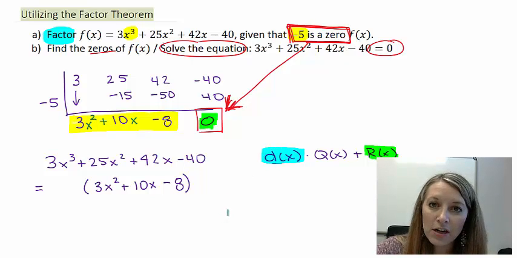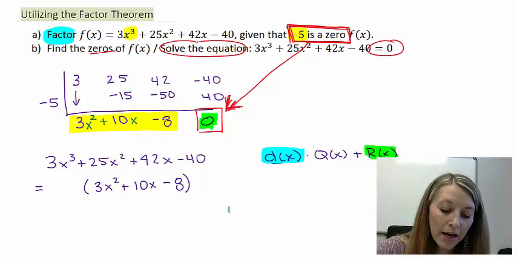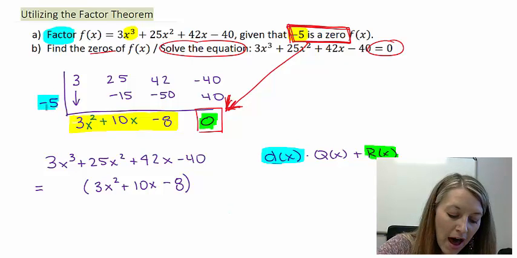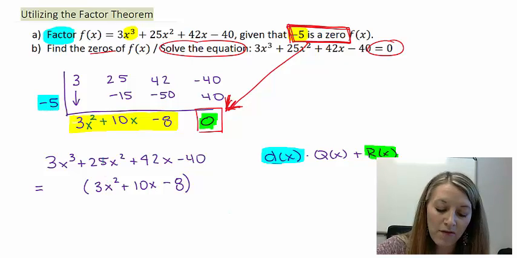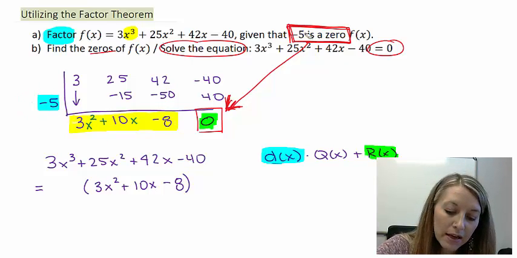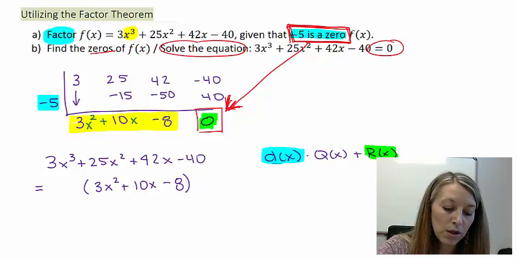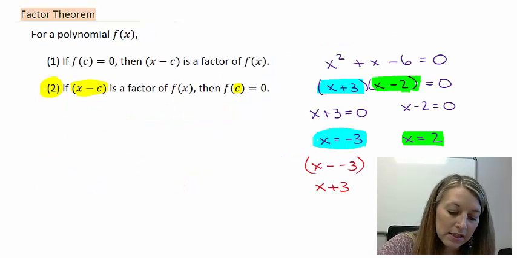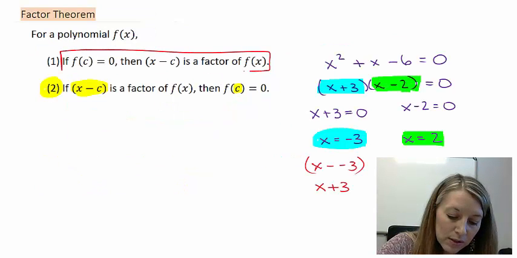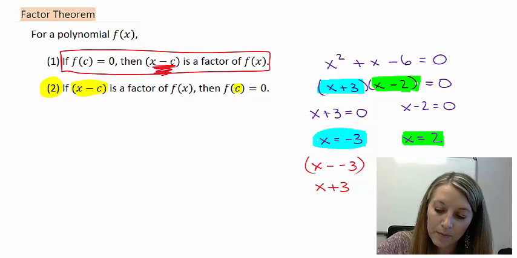This is where the factor theorem comes into play. I know that my negative 5 is a 0 of my function because I confirmed it by doing the work here, and it told us that at the beginning. So what's our divisor, or what's our factor that goes with it? The factor theorem says, if f of c equals 0, then our factor is x minus c.